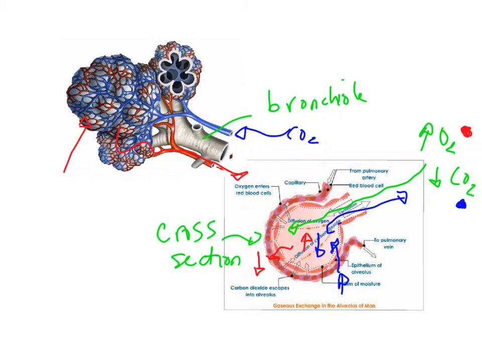So basically, oxygen is getting dumped into the blood while carbon dioxide is getting dumped into the air. That's the direction that our body wants those things to go, all happening by diffusion, passive transport, with no energy being expended for the exchange of those gases. You're using energy as muscles to breathe in and out. We're going to look at that, but no energy to move those gases back and forth.